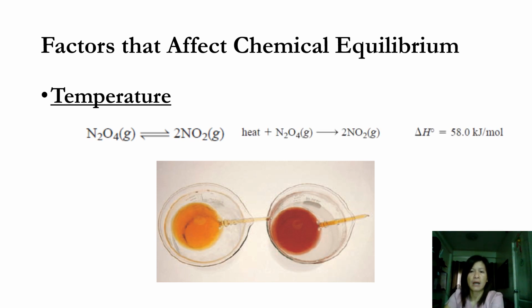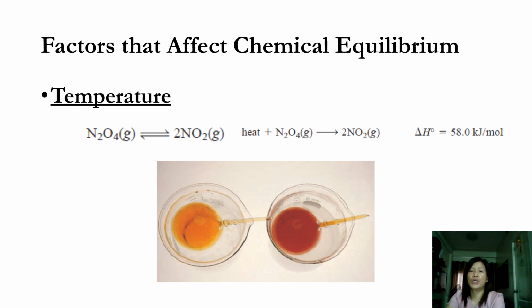Let me give the forward reaction for this reaction. The forward reaction requires heat energy. The backward reaction releases heat energy. So the forward reaction of this reaction is endothermic because it requires absorption of 58 kilojoules per mole to take place.